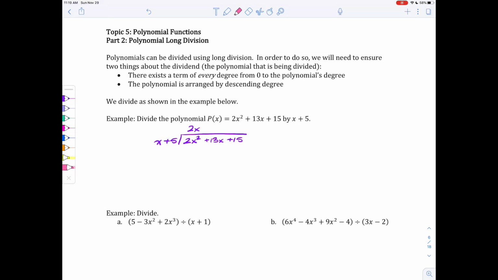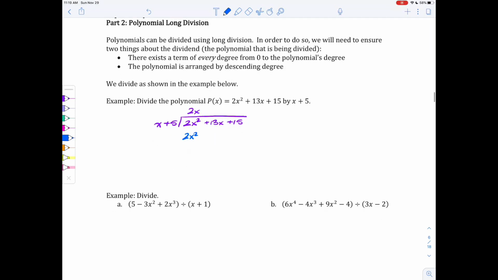And that's going to get me 2x times x is 2x squared. I mean, these are a match, which makes sense. And then 2x times 5 is 10x. So just a note there, that was 2x being multiplied by x plus 5.